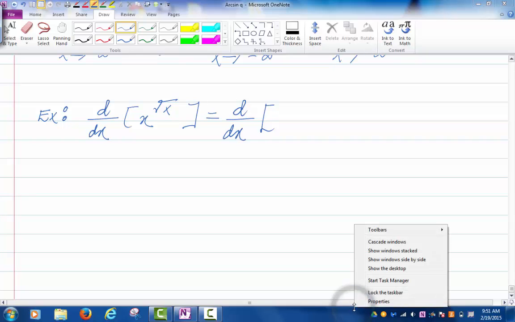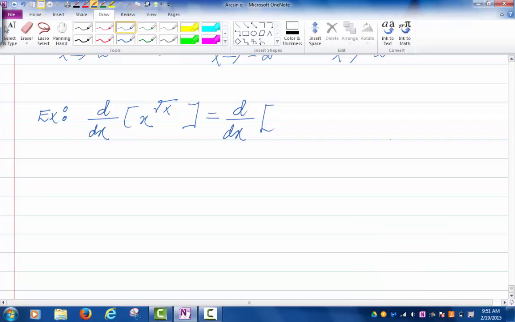Do not say that the derivative of x to the root x is, by the power rule, root x times x to the root x minus 1. Let me write it in red, okay? Because I see that a lot of the time, a lot of people will say the derivative is root x times x to the root x minus 1. Why? It's the power rule. But the power rule only applies when the exponent is constant.